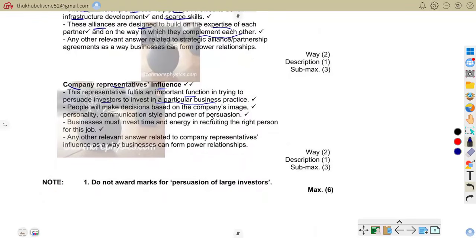A skilled company representative promotes the company and persuades investors and partners to support the business. People make decisions based on the company's image, personality, communication style, and power of persuasion. Also, the business must invest time and energy in recruiting the right person for this job.